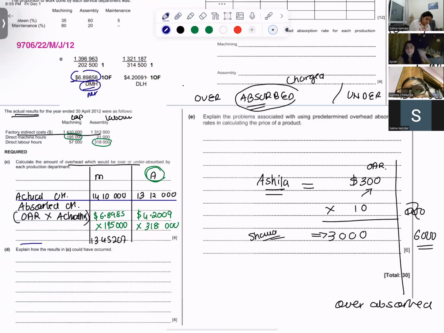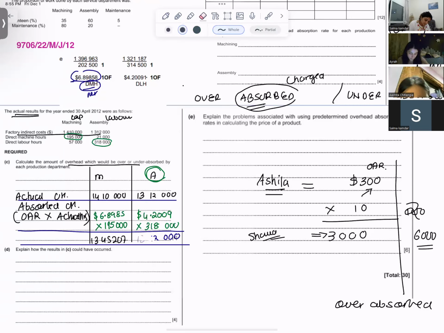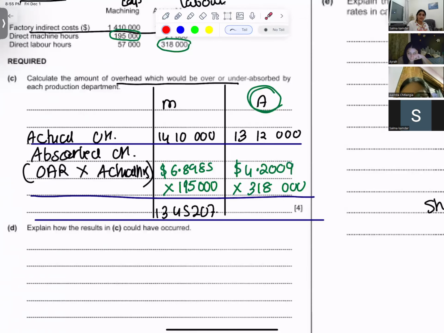1 minute, I am telling you. 1312000. No, I'm getting the wrong answer. Miss, I got 1335628. Multiply 4.2009 into 318,000. 1 minute, my phone calculator is showing weird things. Why do you have a phone calculator?